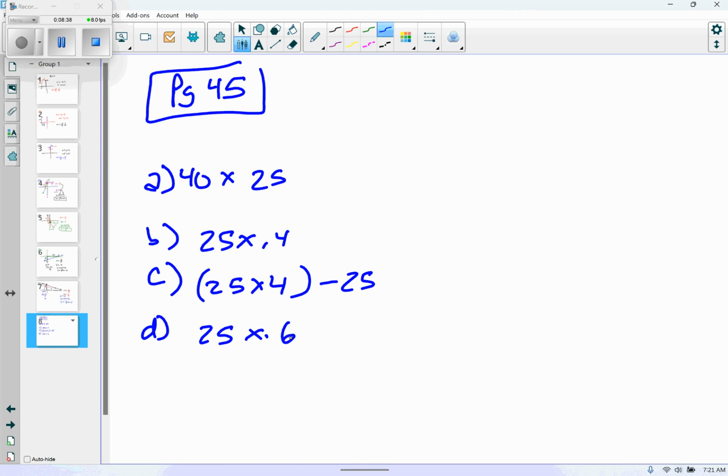Okay, so let's talk about a few things. It says the super discount store is having a sale. All clearance items are 40% off. So let's think about this. I have a $25 item that I have a sale price, and it's going to be 40% off.